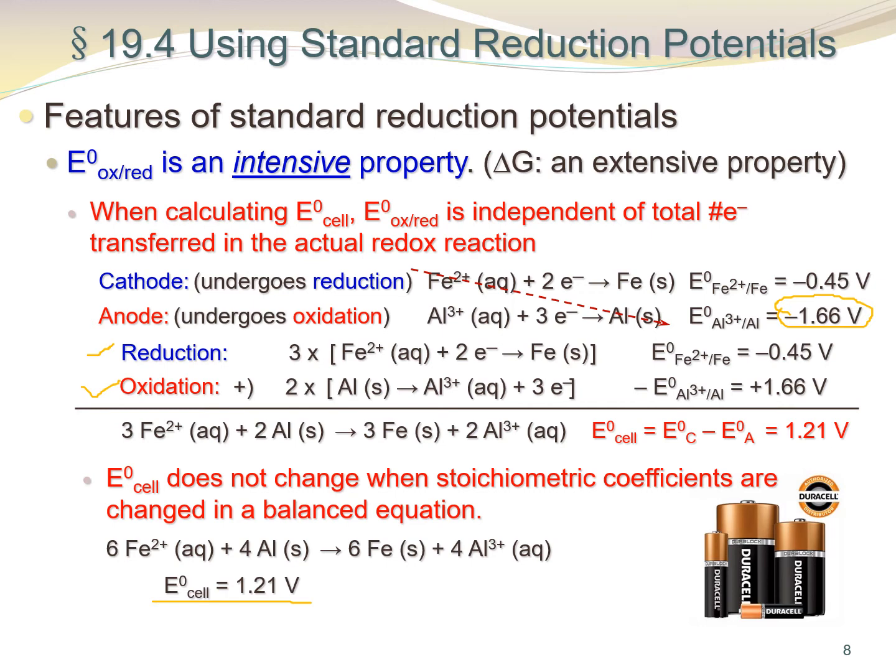That's what delta G is. So I just hope you understand, do not get confused. Why can't we just multiply those potentials as we multiply those reactions? Because potential is an intensive property. It has nothing to do with the multiplication of the half reactions.